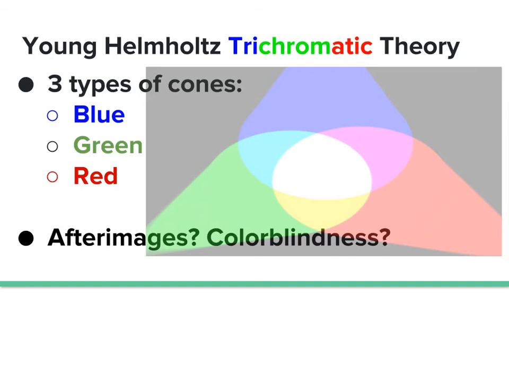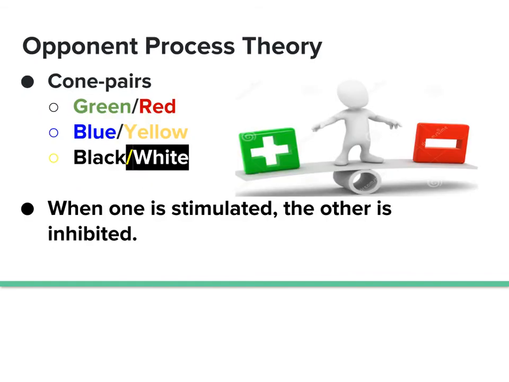Now, this research continues to support Young-Helmholtz trichromatic theory. I hate pronouncing that title for some reason. But there were some phenomena that this Young-Helmholtz trichromatic theory could not explain. And these phenomena are color blindness and after images.